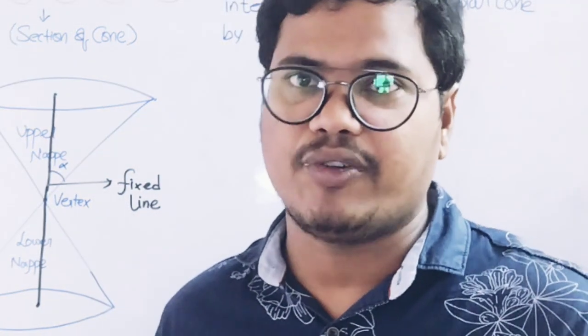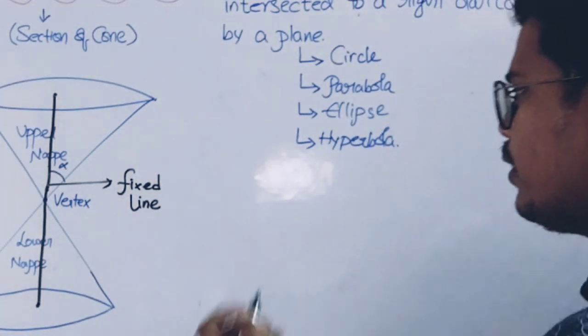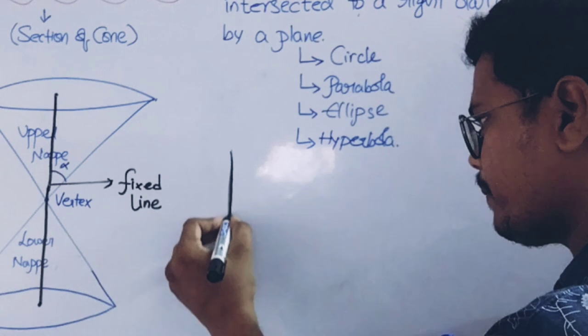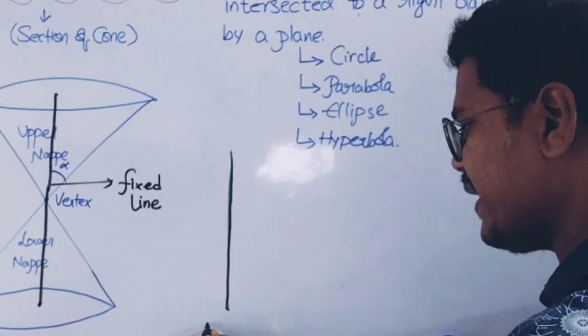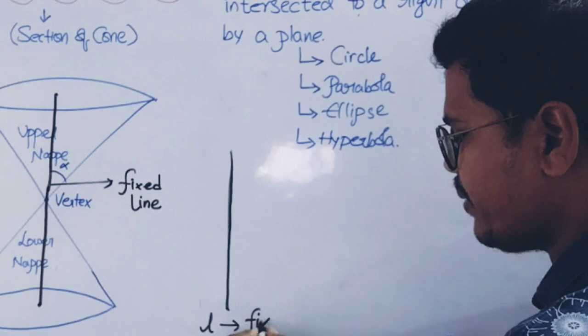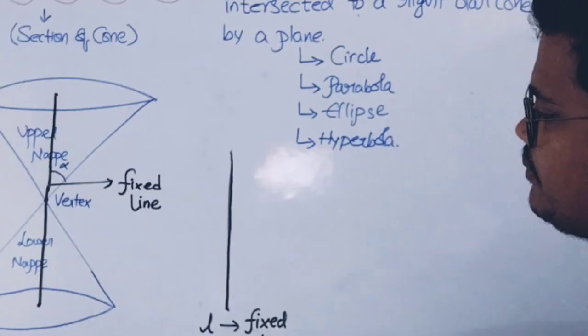I already drew this black line, which is named L. This L is treated as a fixed line.